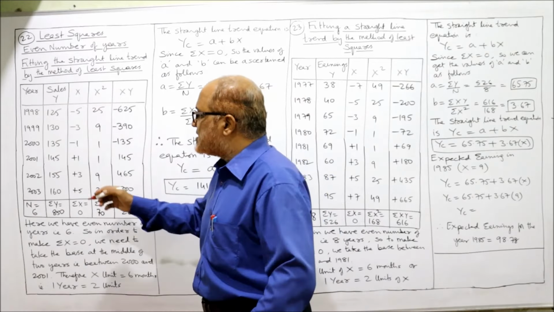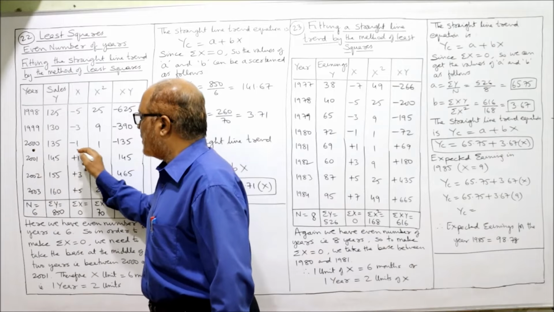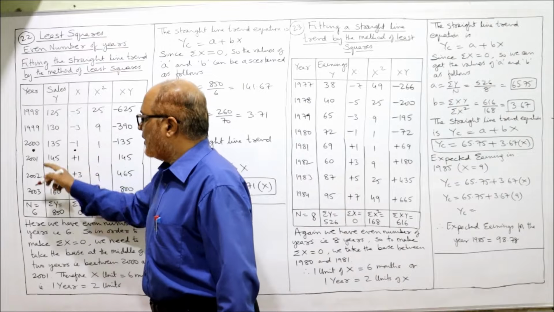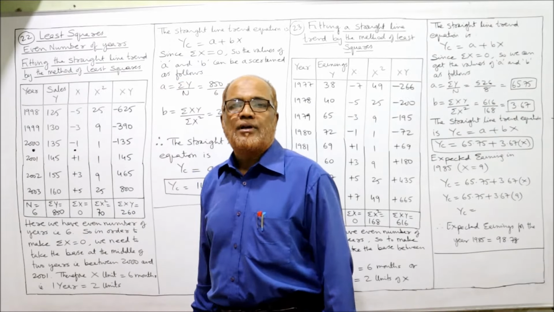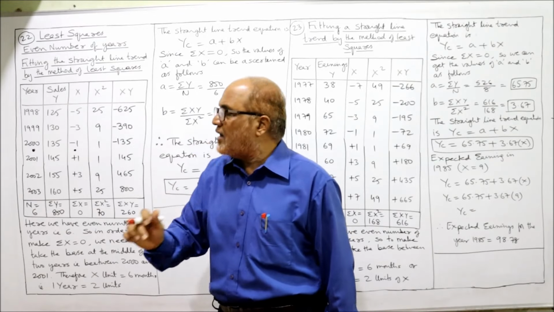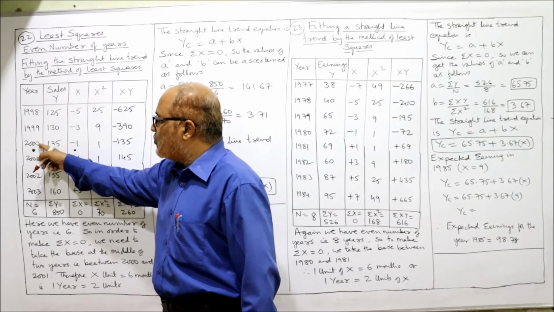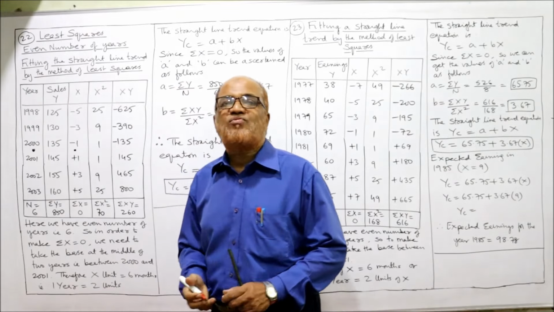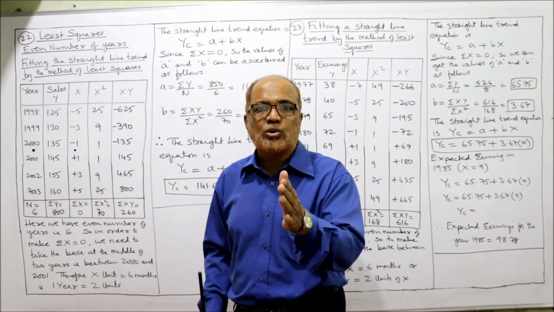Our center lies between 2000 and 2001, and the center will be taken as base 0. If we take the center as 0, that means between 2000 and 2001, that is 1st July 2000.